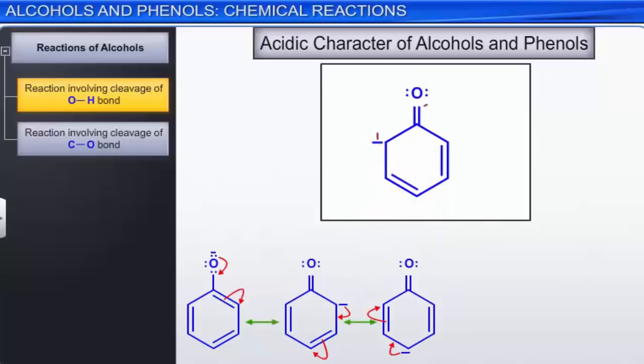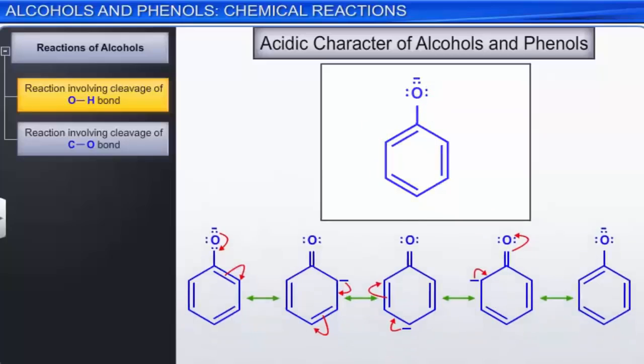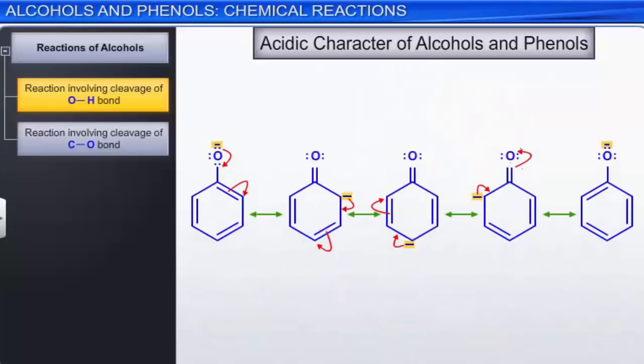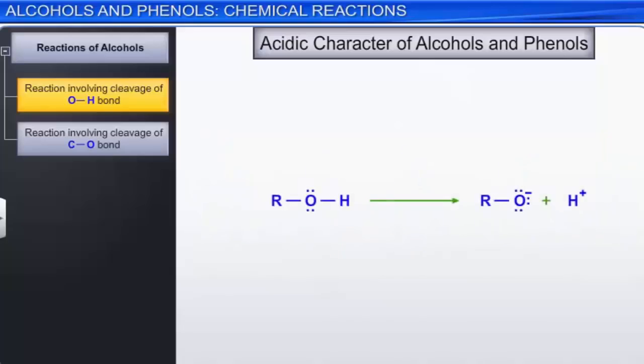Notice that the negative charge of the ion is delocalized, which stabilizes the ion. On the other hand, in the alkoxide ion, the negative charge is localized on oxygen, which makes it less stable. The charge delocalization favors the ionization of phenol.